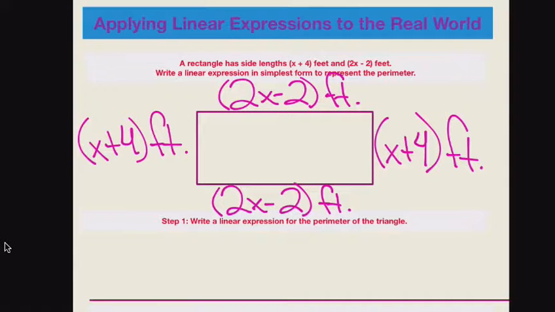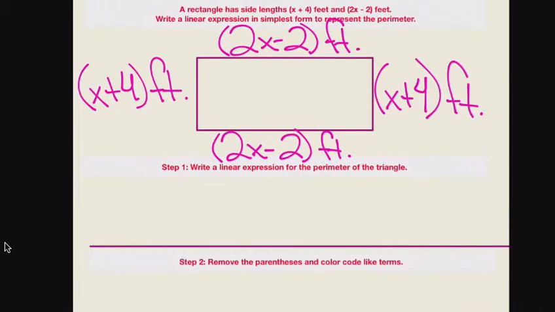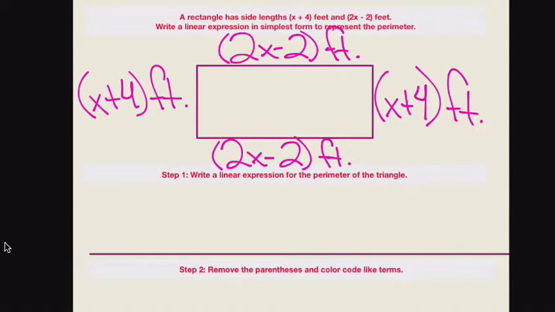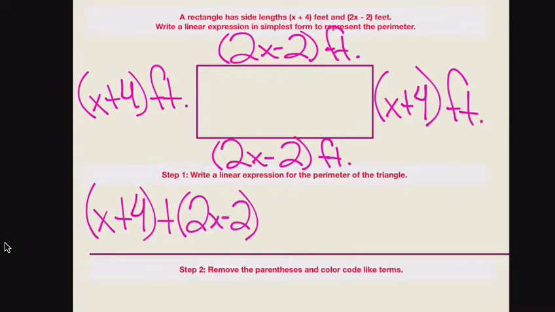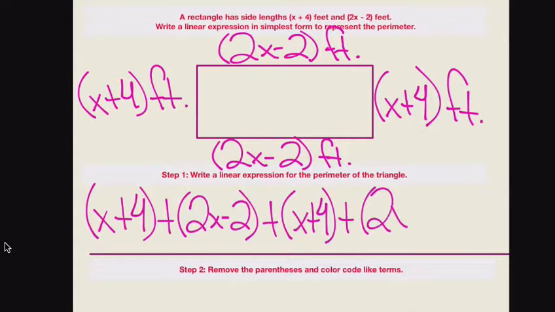So go ahead and write a linear expression for the perimeter of the rectangle. Remember, perimeter, if you walked all the way around the rectangle, how far would you have walked? So x plus 4 plus 2x minus 2 plus x plus 4 plus 2x minus 2. That's our linear expression to represent the perimeter.